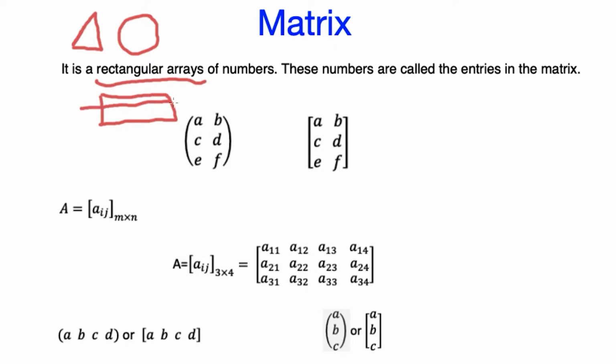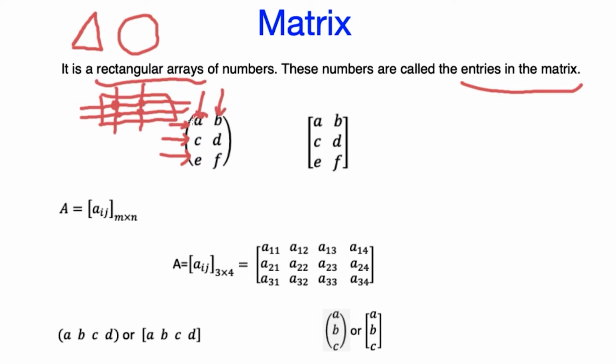So it has some rows and columns of numbers, and the intersections of the rows and columns are called the entries of the matrix. For example, here we have a matrix that has 3 rows and 2 columns.